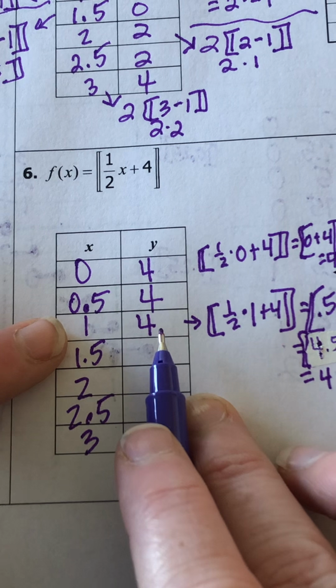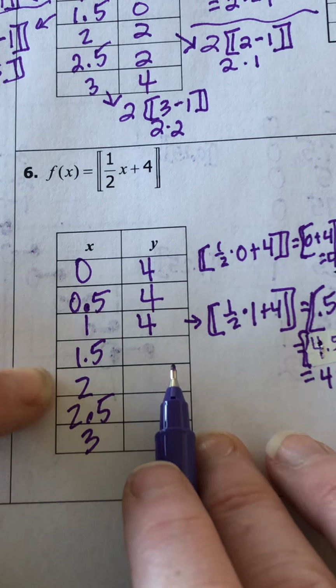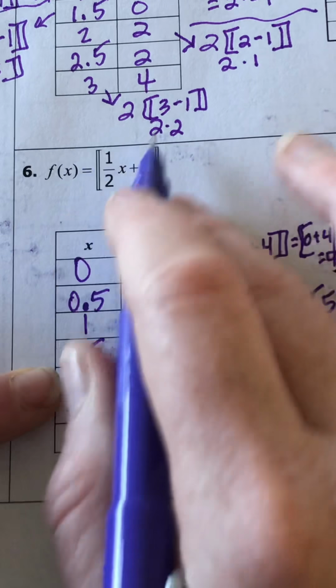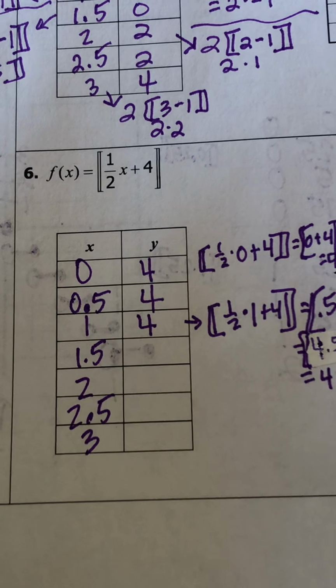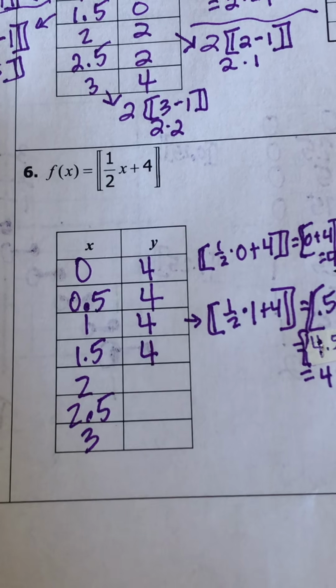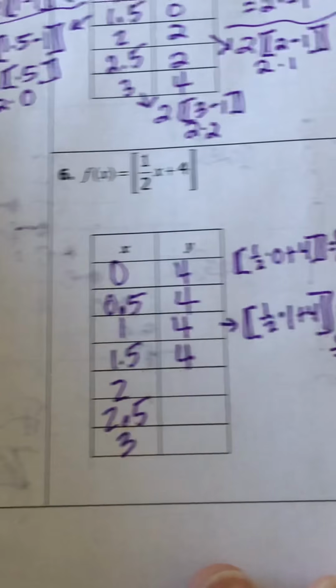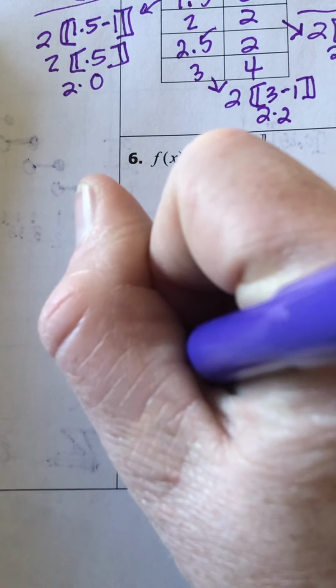Okay, so this one's actually not going to change until every other integer, just because of the way the function is, I'm taking half of it first. Okay, so 1.5 should still be 4. You can plug it in if you can't see that. All right, let's test 2.